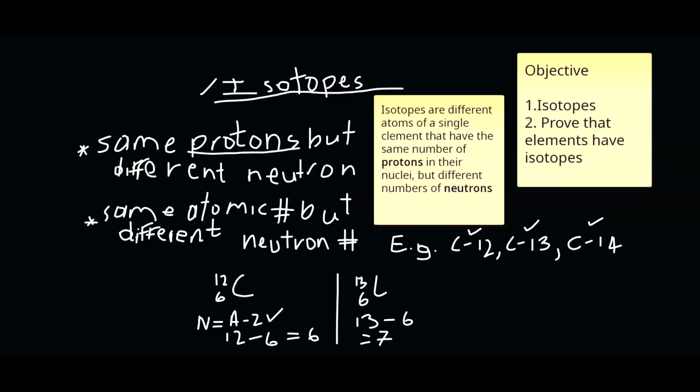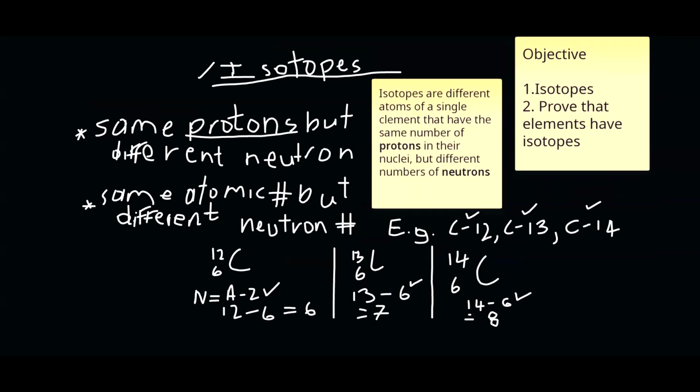They have different neutron numbers and the same amount of protons. So let's move on to the final one. This one is 14 and 6, so this would be 14 minus 6, which would give us 8.